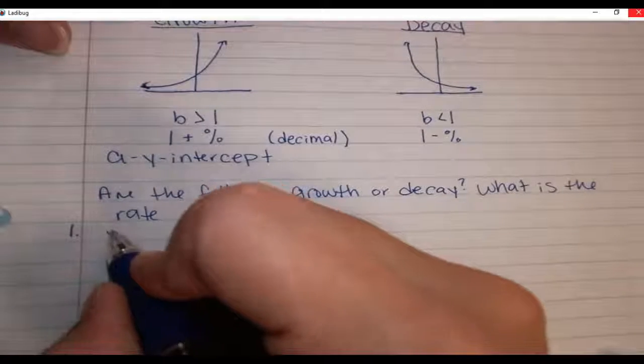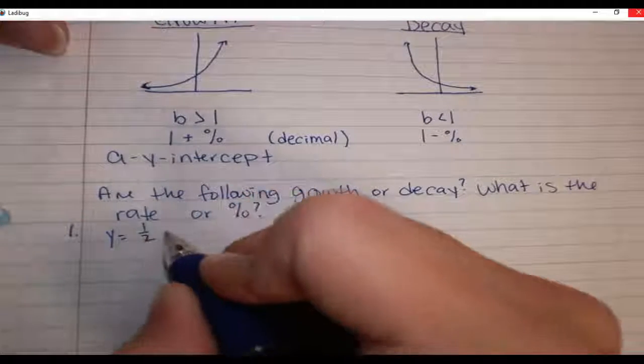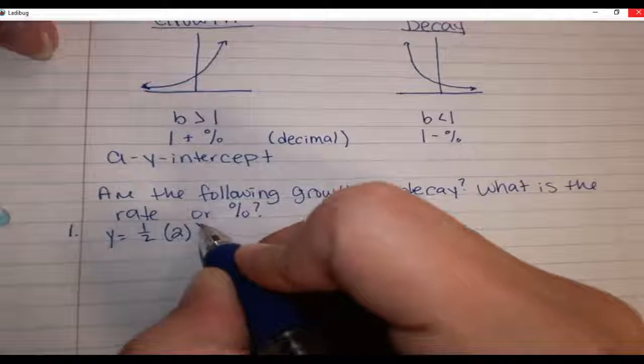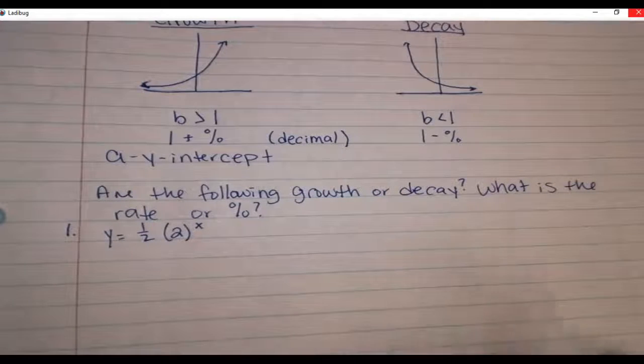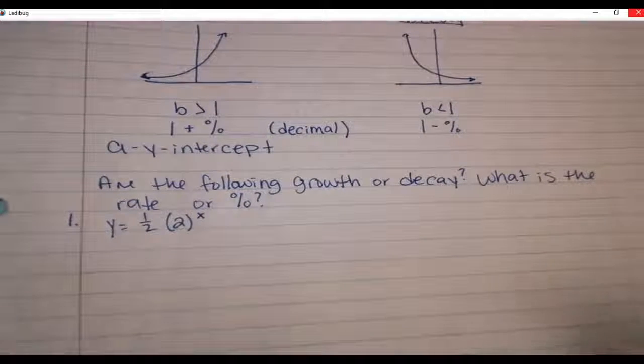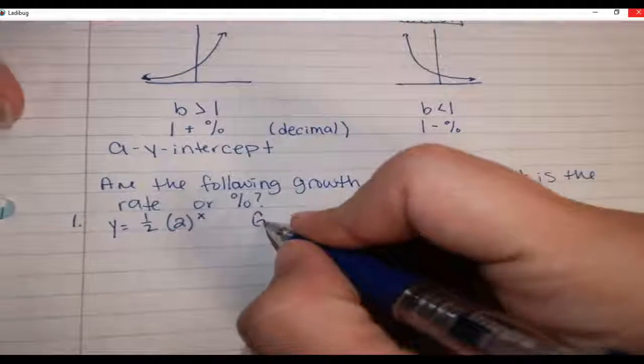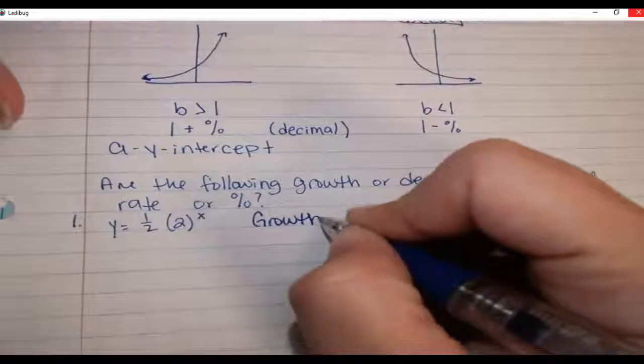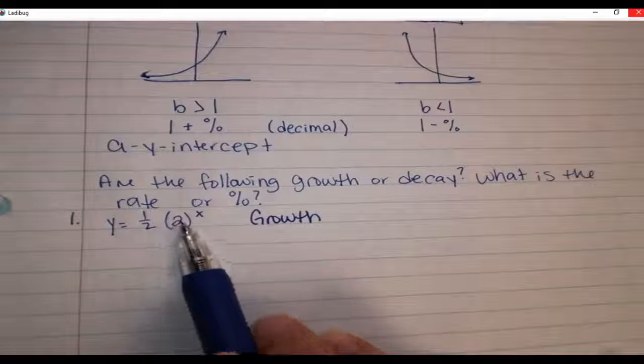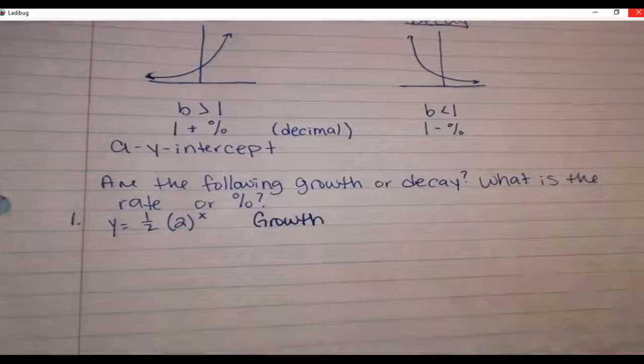So let's say we have y equals 1/2 times 2 to the x. So would this one be growth or decay? Growth, how do you know? Good. So 2 is our b value, and that's greater than 1. So then it is growth.